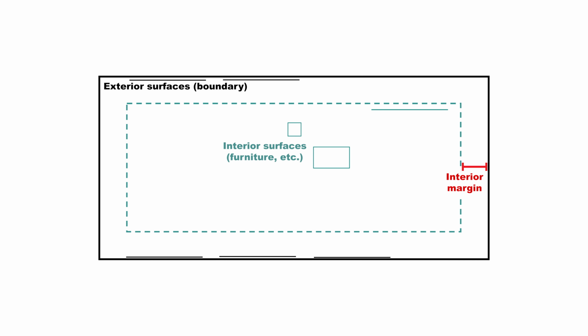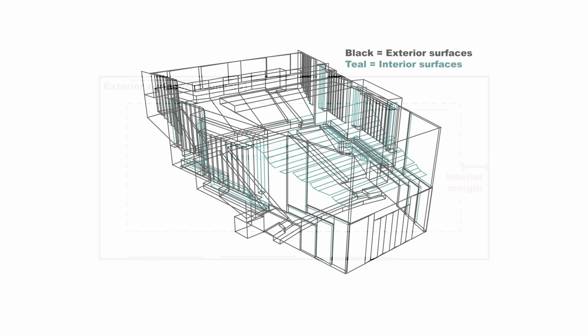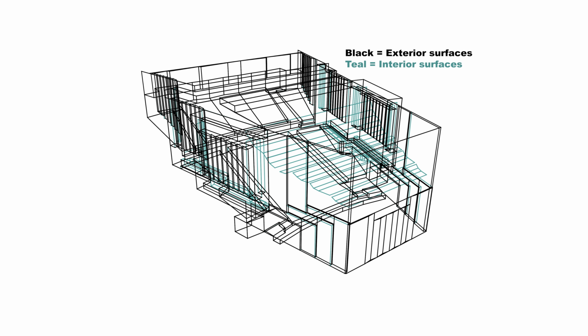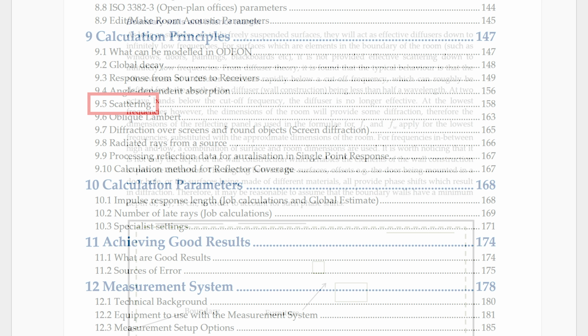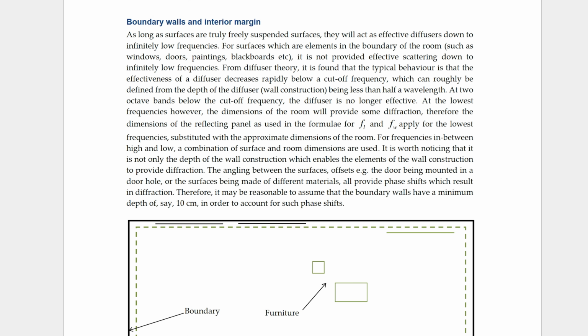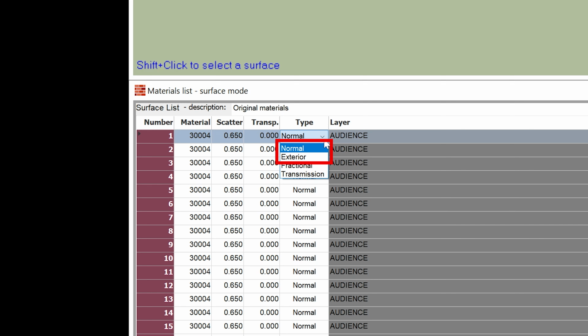This is done in order to properly calculate diffraction scattering for each type. You can read more about this in Chapter 9.5 of the user manual. Surfaces with the normal type will be treated as automatically categorized by Odion, while selecting the exterior type will force Odion to treat them as exterior surfaces.